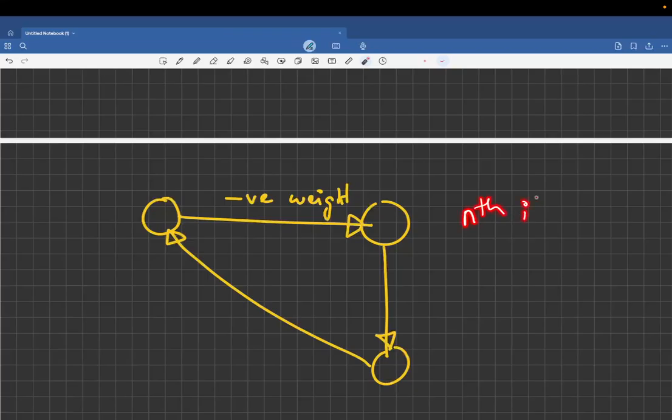In the nth iteration, it is definite that the distance will decrease. That is, the relaxation will happen, no matter what distance you have assigned.